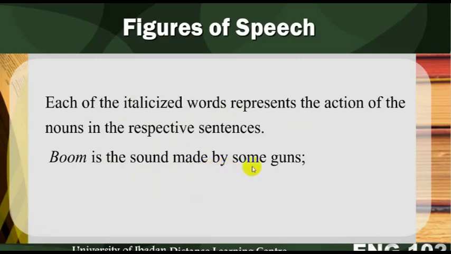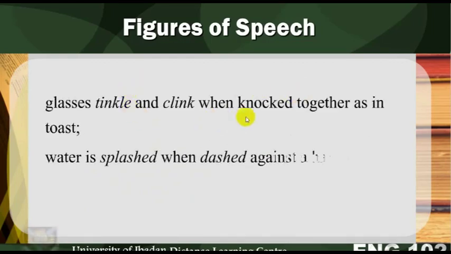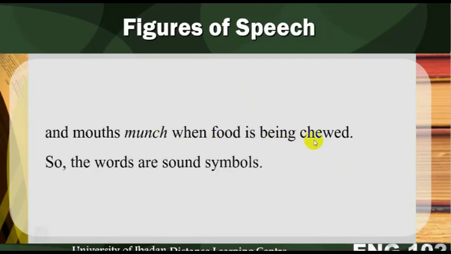Boom is the sound made by some guns. Glasses tinkle and clink when knocked together, as in toast. Water is splashed when dashed against a hard surface. The mouth munch when food is being chewed. So, the words are sound symbols.